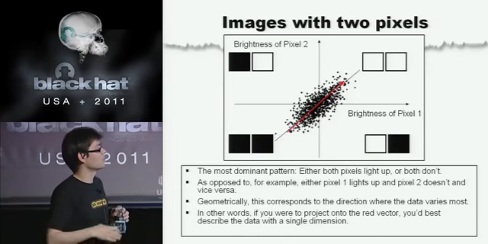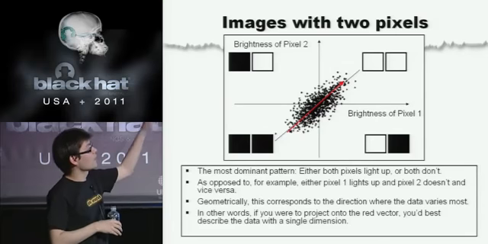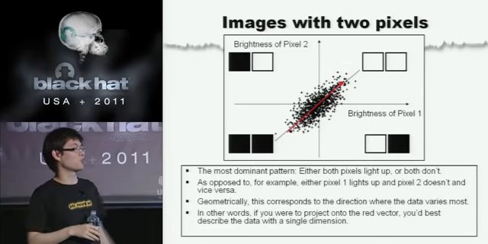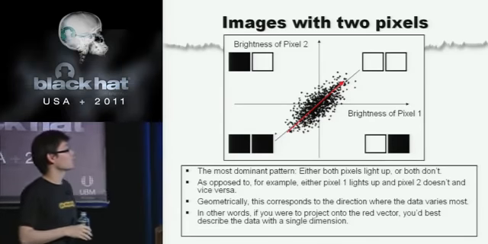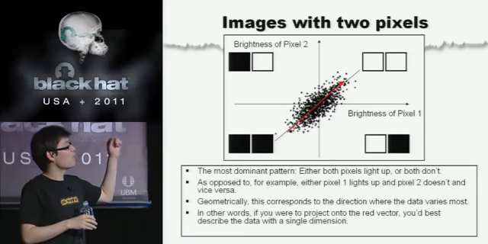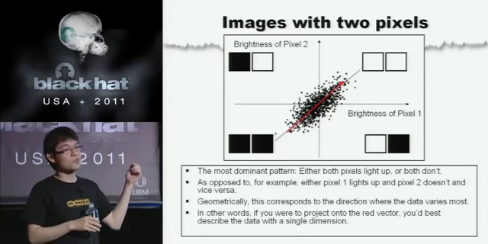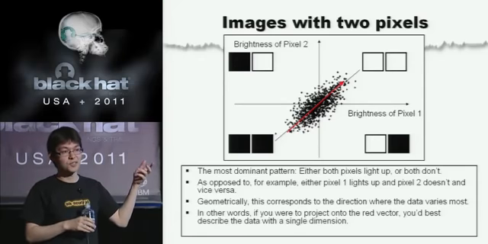And in the lower left, they're both black. And on the diagonal, you have the mixtures. So now you see a clear pattern, which is that either both pixels light up or they don't. That's the tendency. It's the clearest pattern.